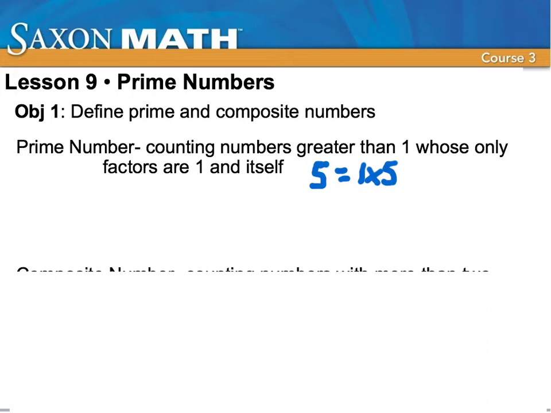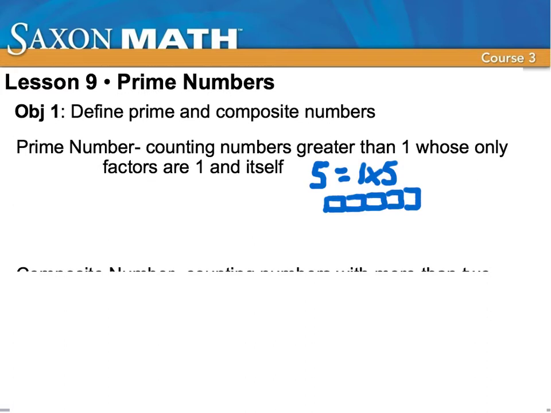Another way to think of this is, imagine you want to make a rectangle with 5 blocks. Well, the only way I can make a rectangle with 5 blocks is to draw it in a 1 by 5 form. Or I could turn it around and go with a 5 by 1, so it's rotated a little bit.